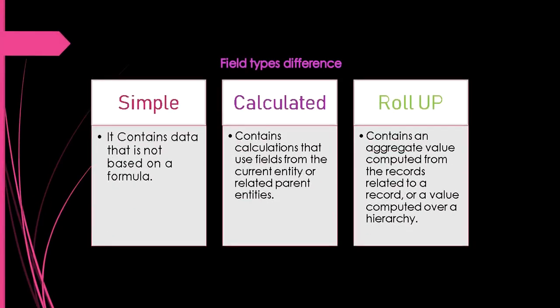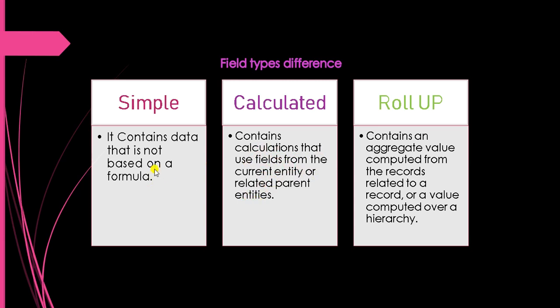As I told you, field data types also have a field type in them: simple, calculated and rollup. Simple contains data that is not based on a formula, and a calculated field contains calculations that use fields from the current entity or related parent entity.